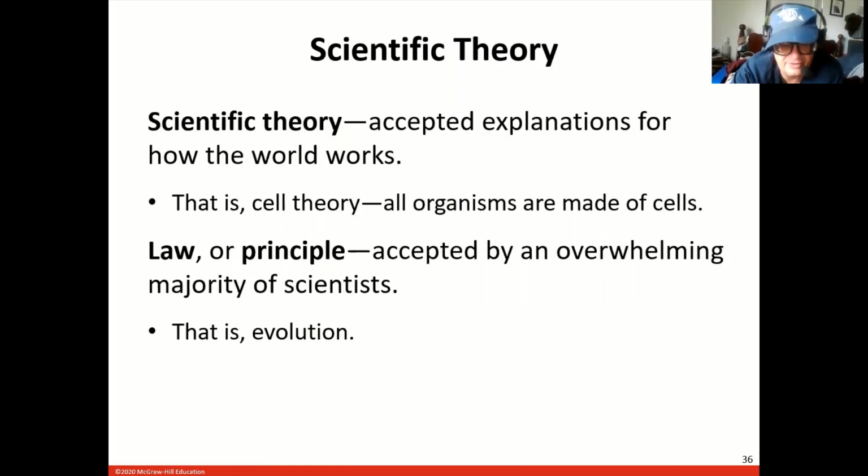If we say something is a law, that means that it is very, very accepted. Now, that can still be true if people don't like it. The book is talking about the law or the principle of evolution accepted by the overwhelming majority of scientists. Totally true. The vast majority of scientists accept this.